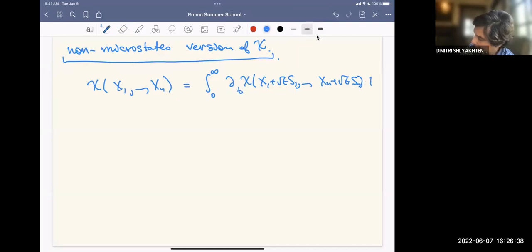And then integrate it with respect to dt plus, I guess what it will be, minus, plus or minus, I can't think of it. And this is very roughly the idea.